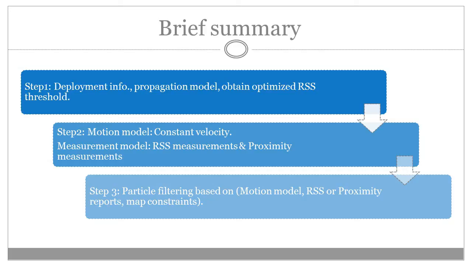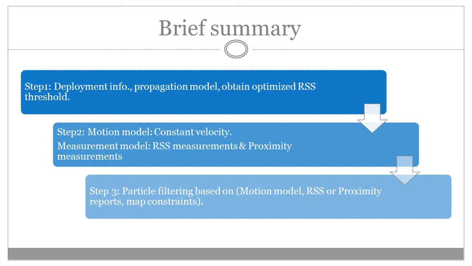Before we perform the particle filtering algorithm, some prerequisites are needed. First, we have to obtain the deployment information of the indoor area we are interested in, for instance, a map of the building, the locations of the network nodes, and so on. Also, we need to train a proper propagation model and obtain an optimized RSS threshold.